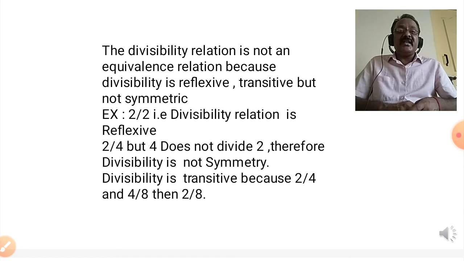Because divisibility is reflexive, transitive, but not symmetric. For a relation to be an equivalence relation, the conditions to be satisfied are reflexive, symmetric and transitive. If all the 3 conditions are satisfied by a relation, then we can say that relation is an equivalence relation. If any one of reflexive, transitive and symmetric fails, then that relation is not an equivalence relation.